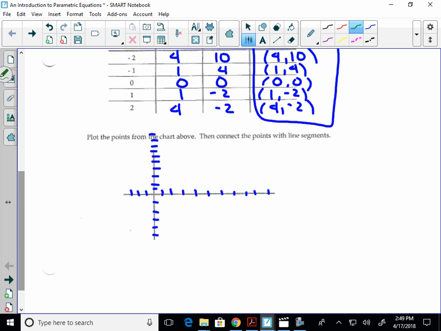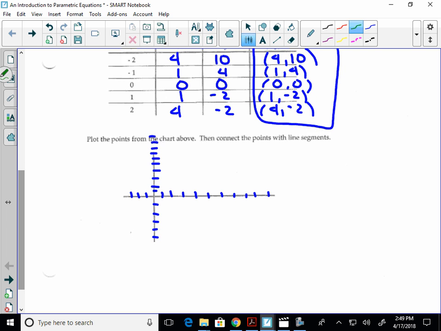When you graph, your first point is (4, 10). Your second point is (1, 4). Stop right there, because when we graph parametrics, we also want to know which way they're graphing. Because I started with this point here, this is graphing this way.